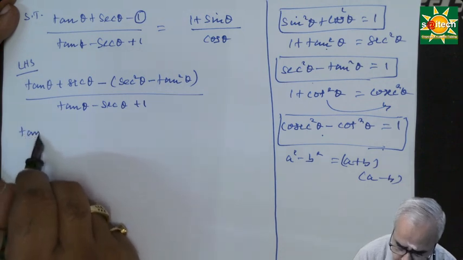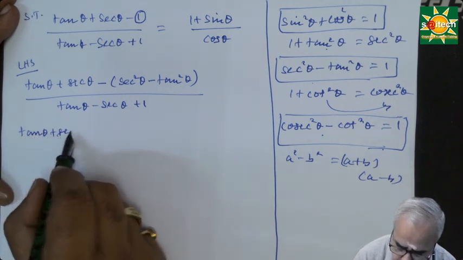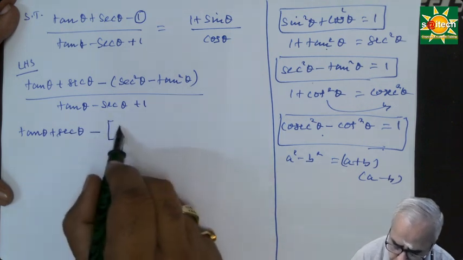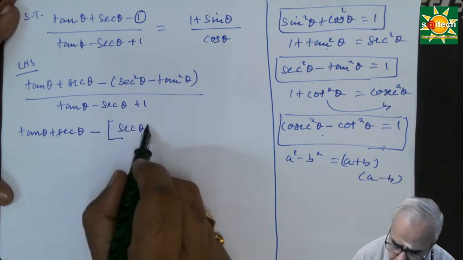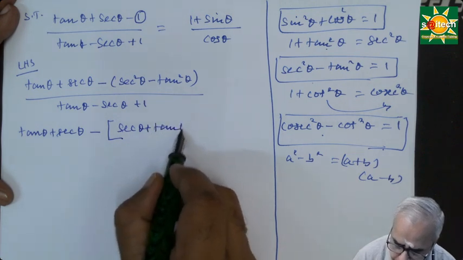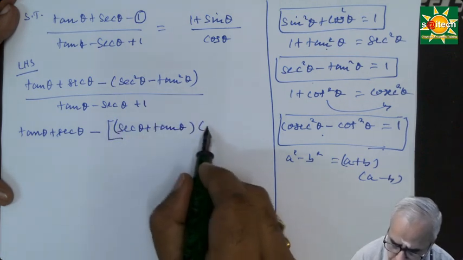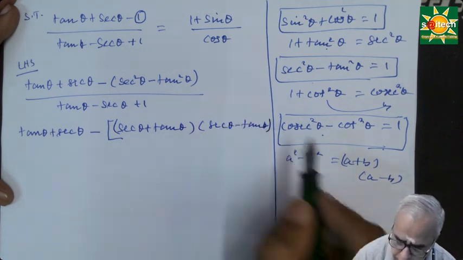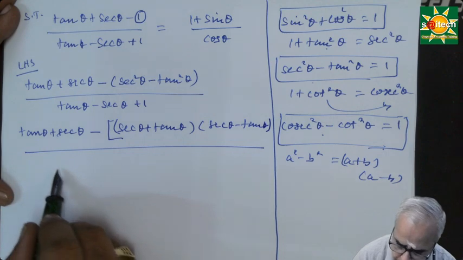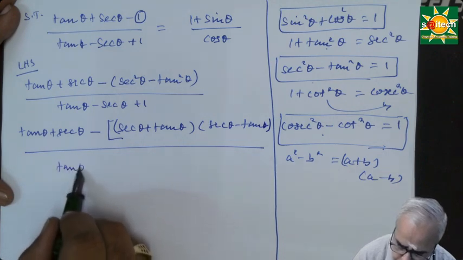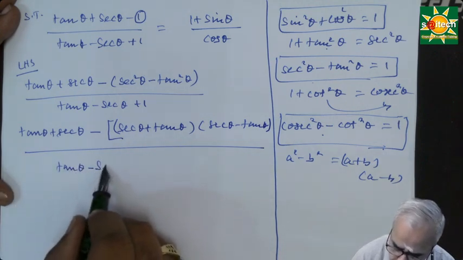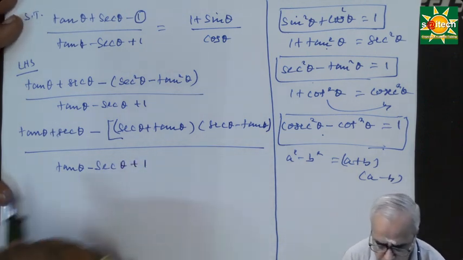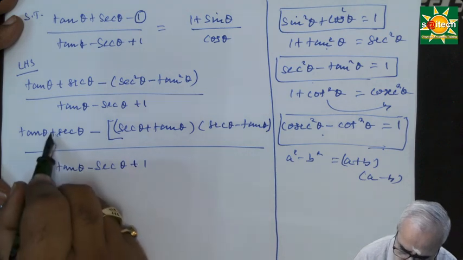Therefore tan theta plus secant theta minus, open the bracket, (secant theta plus tan theta) into (secant theta minus tan theta), whole divided by tan theta minus secant theta plus 1. Do you understand this? So this is tan theta plus secant theta.